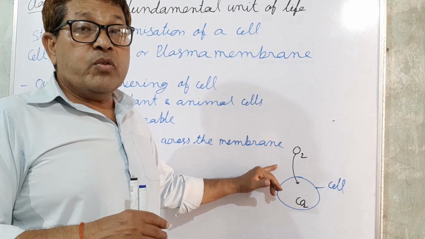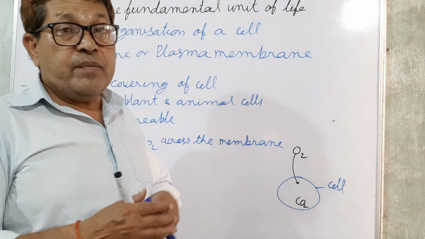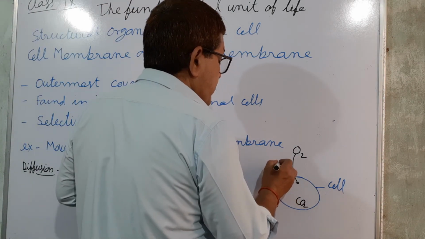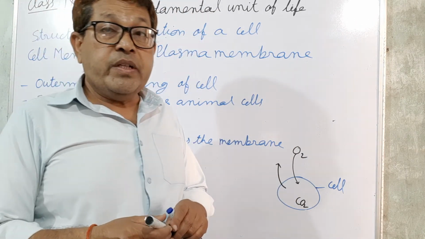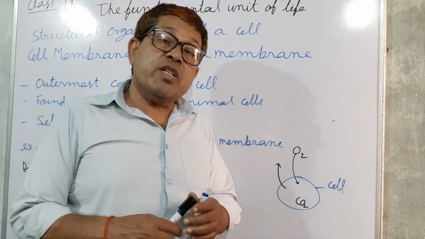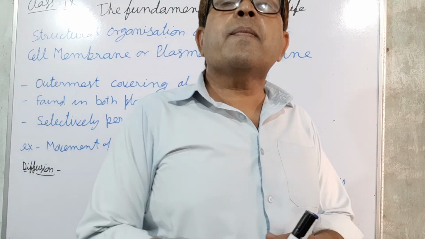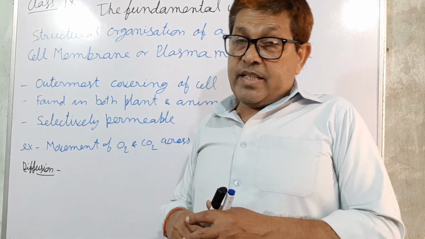Outside, the amount of carbon dioxide is less in comparison to inside the cell, so carbon dioxide diffuses from inside to outside the cell. In this way, by diffusion, the exchange of gases takes place.